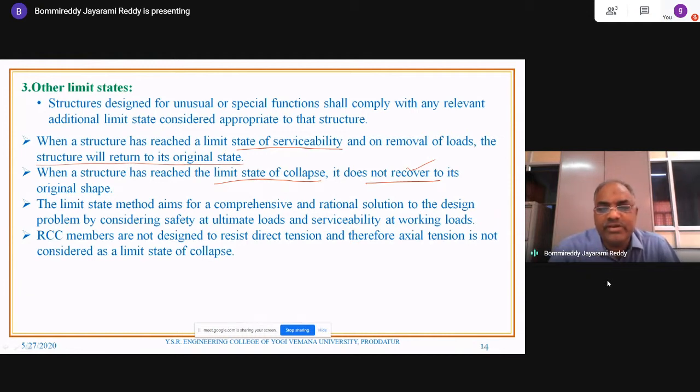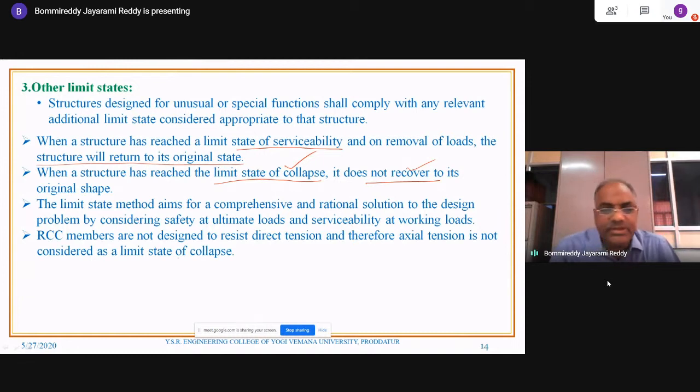When the structure reaches the limit state of collapse, it will not recover to its original shape.